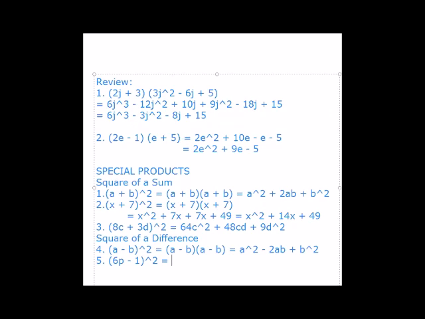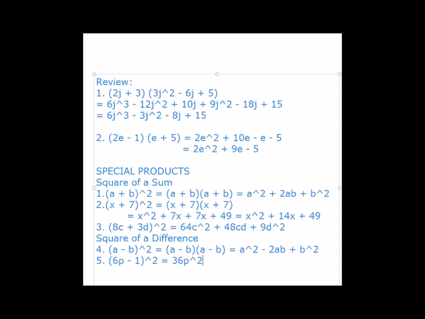6p minus 1 squared. 6p times 6p equals 36p squared. Then 6p times 2 equals 12. 12, what is the variable?